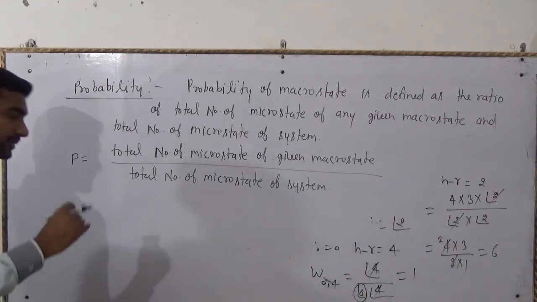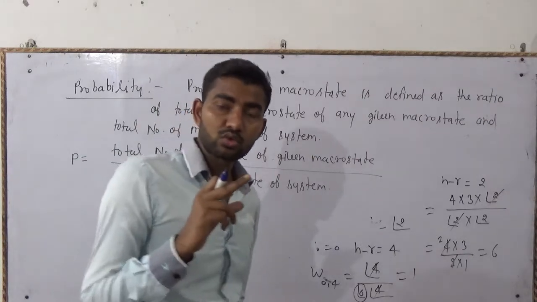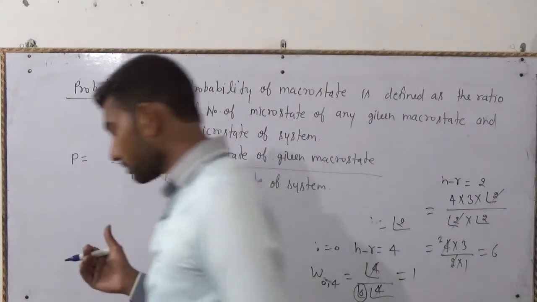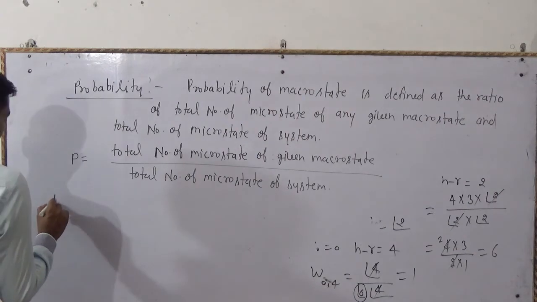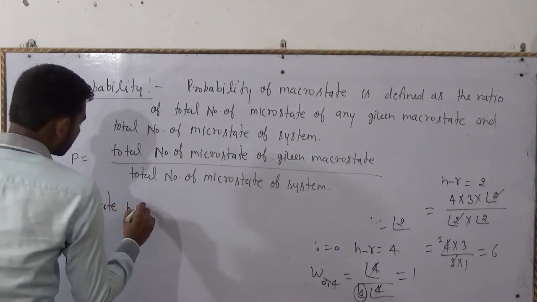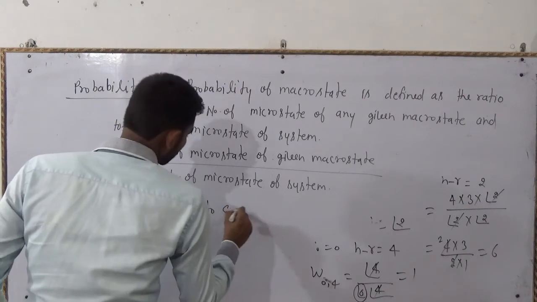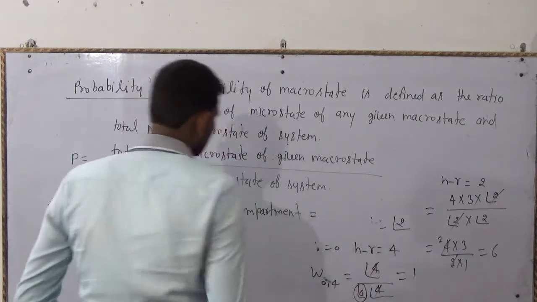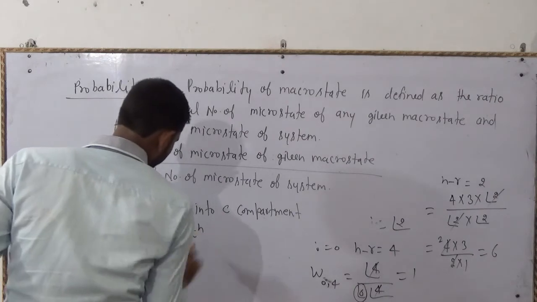Friends, if we take n number of particles and want to distribute them into C compartments, then the total number of possible distributions of n particles into C compartments is given by the formula C to the power n.